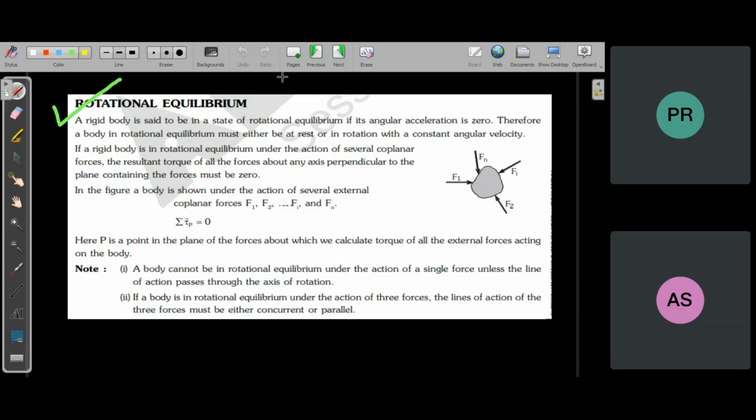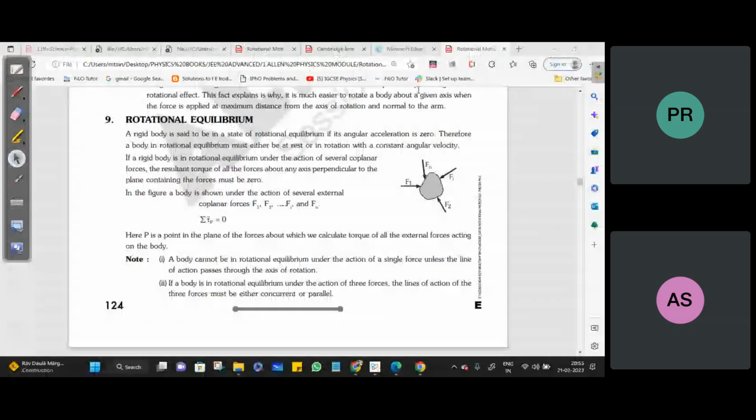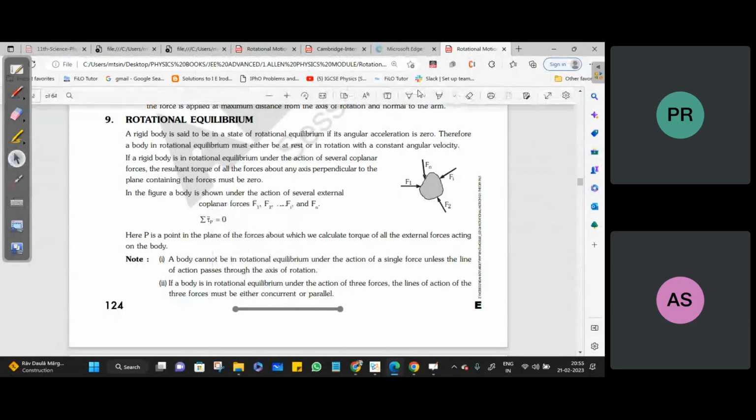Then only you can say it is in rotational equilibrium. Otherwise, it will rotate, no? That body will rotate about some other axis or some other point. So that is rotational equilibrium, net torque on the body zero.